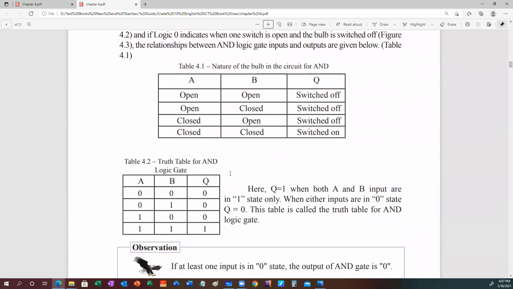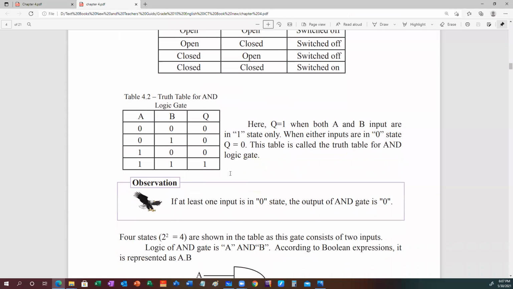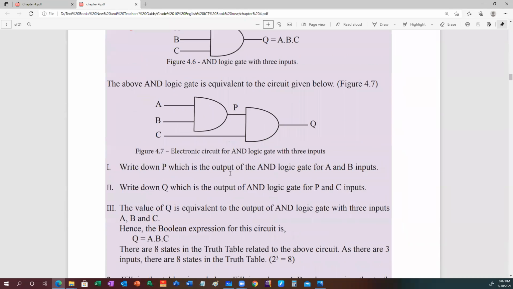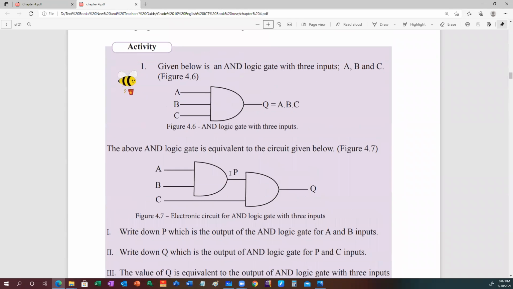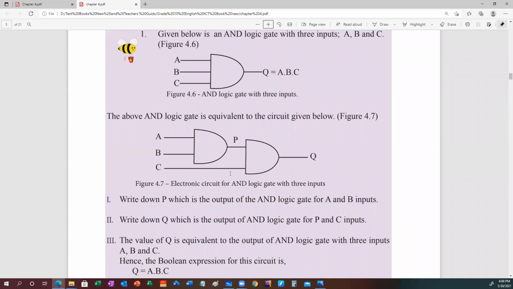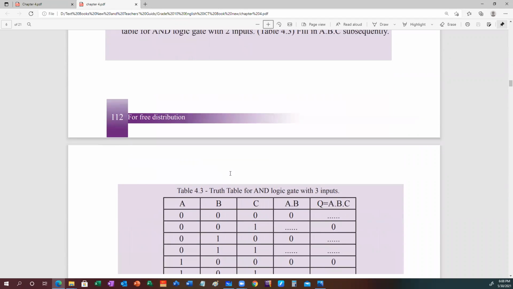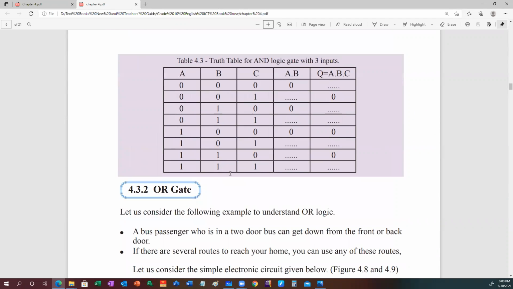Open means 0, close means 1. Here's the truth table. Here you have a 3 input AND gate, and a 2 input AND gate. We did this, and this is the truth table of that gate.